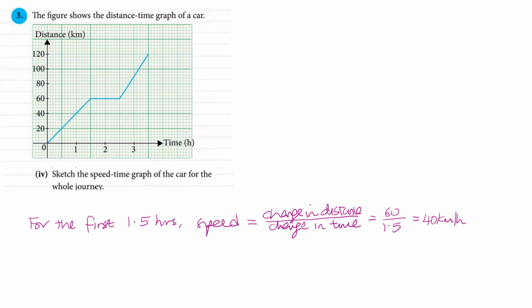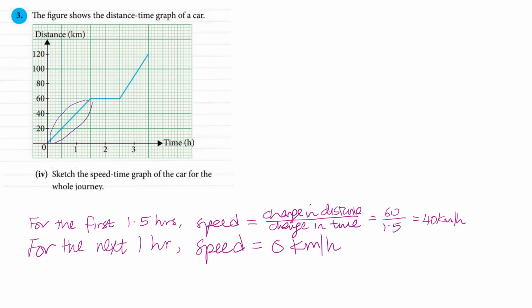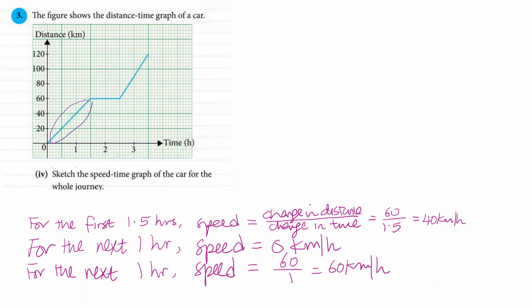So 60 divided by 1.5 will be 40 kilometers per hour. It means that the car is traveling at a constant speed of 40 kilometers per hour for the first 1.5 hours. Then for the next 1 hour it is stationary, so the speed equals 0. And for the last 1 hour, this is the one that we are interested in finding.